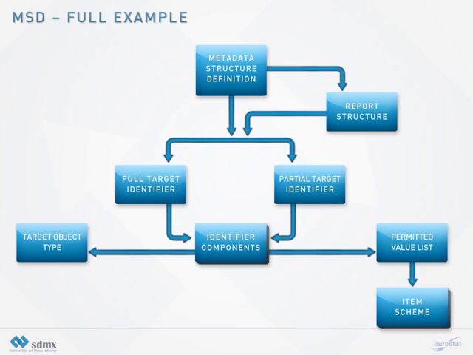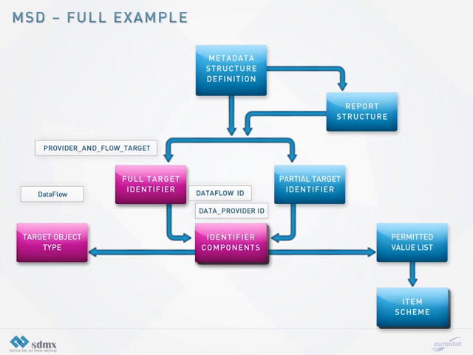This scheme provides an example on how a metadata file based on the Euro SDMX metadata structure is structured. In this example, the full target identifier is named provider and flow target and will use two identifier components to identify the target object: data flow ID, which will be associated to SDMX class data flow, and data provider ID, which will be associated to the SDMX class data provider.